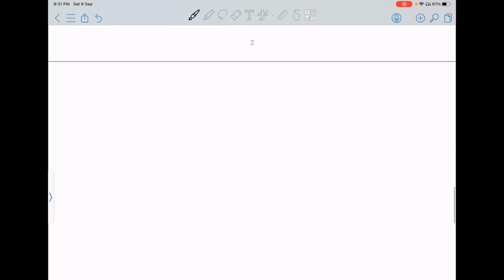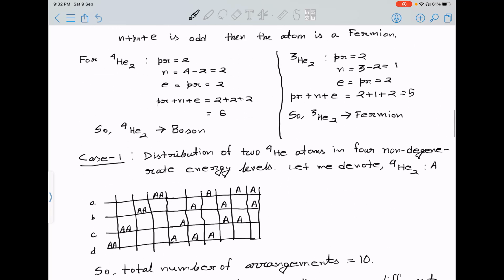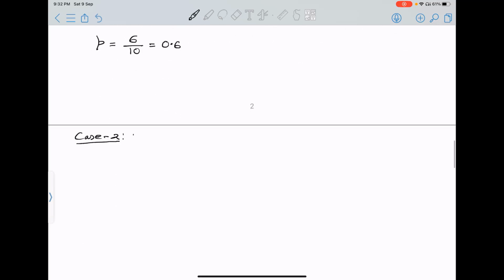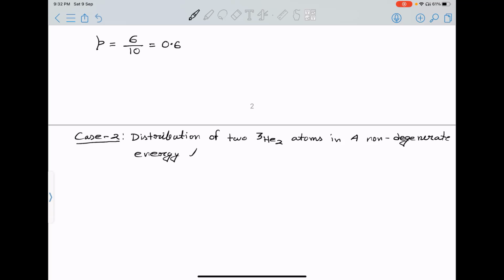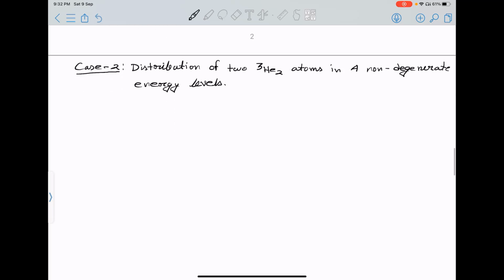Now case 2 is for the distribution of two helium-3 atoms in 4 non-degenerate energy levels.